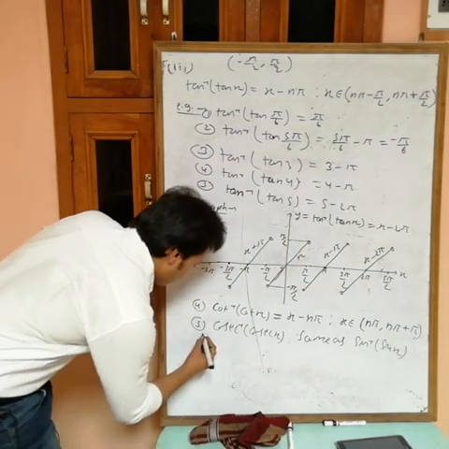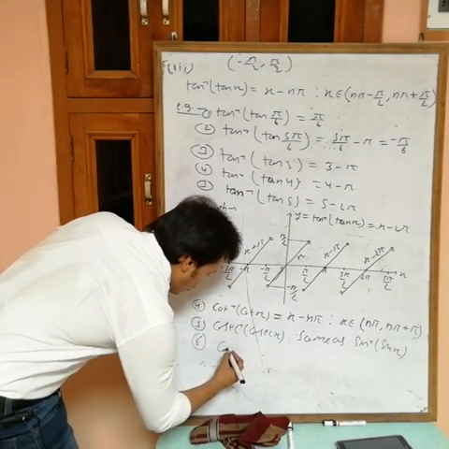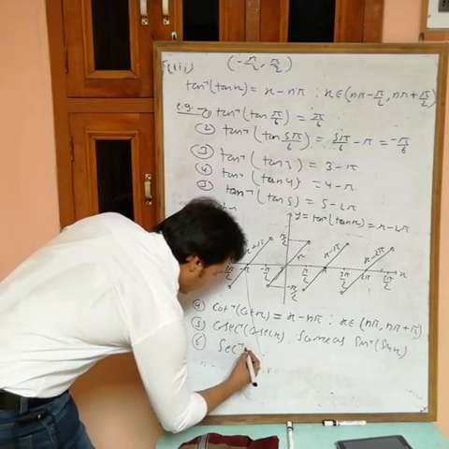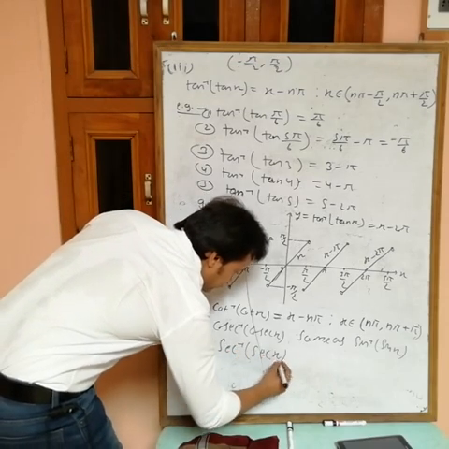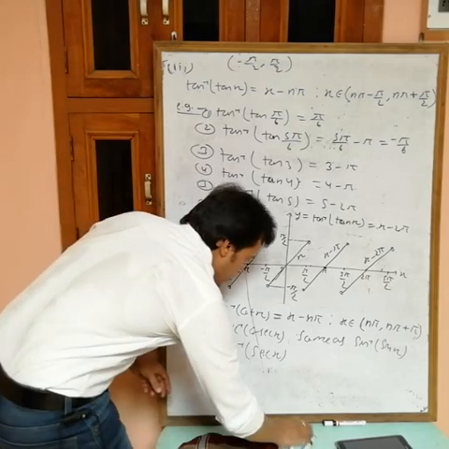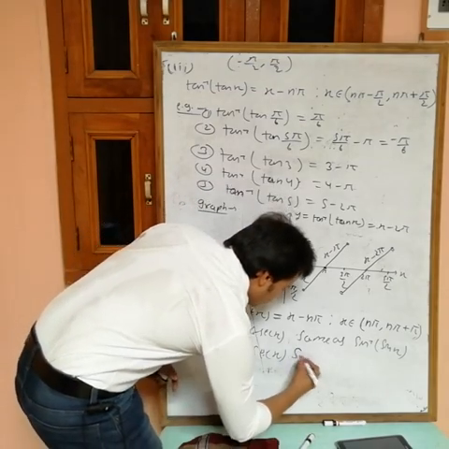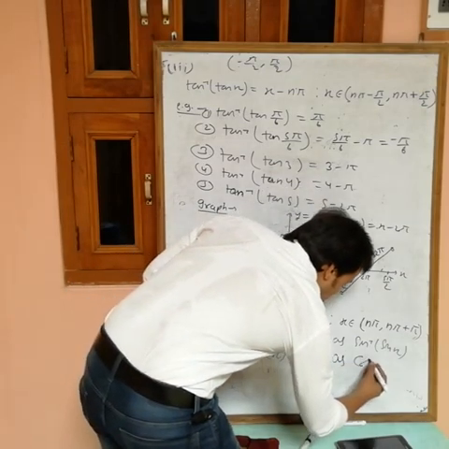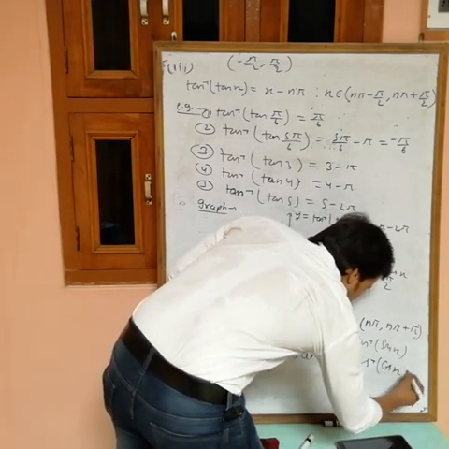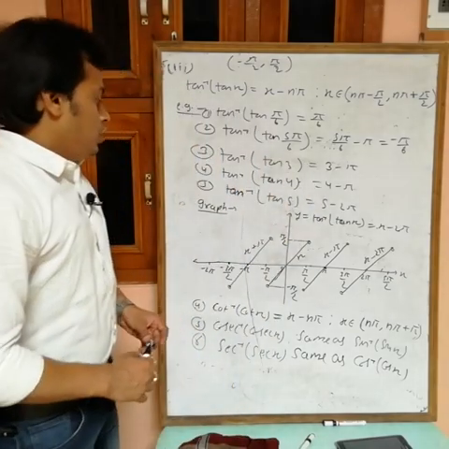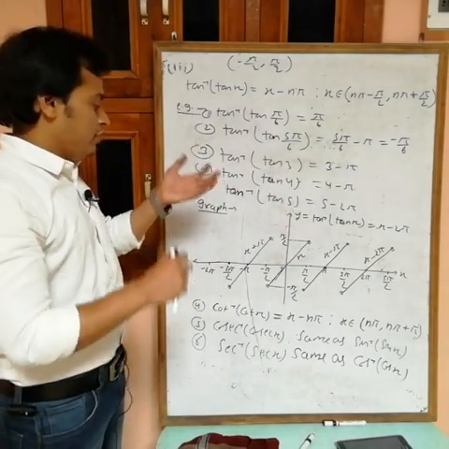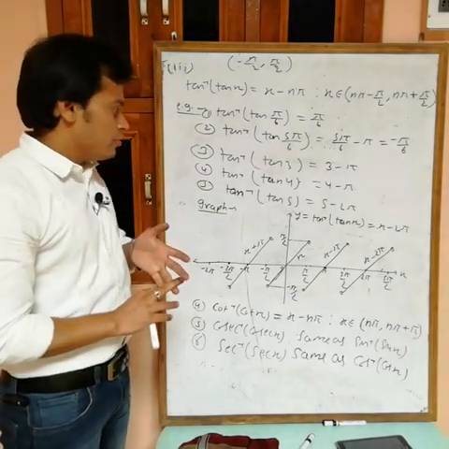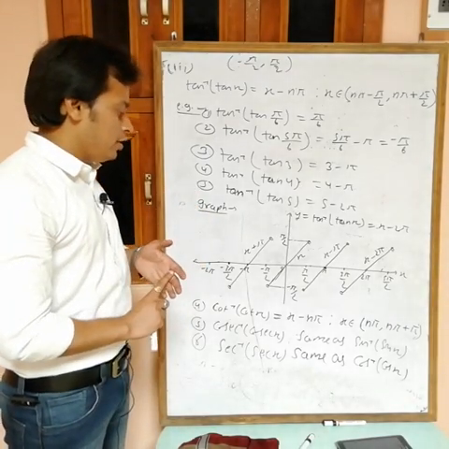And the sixth one, sec inverse of sec x is the same as cos inverse of cos x. Now remember, just learn the formulas for sin inverse sin x, cos inverse cos x and tan inverse tan x, and practice.